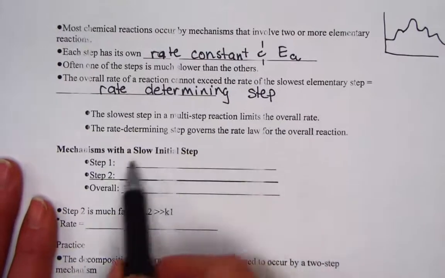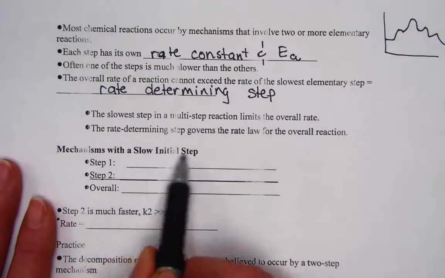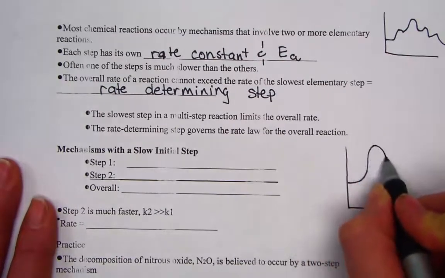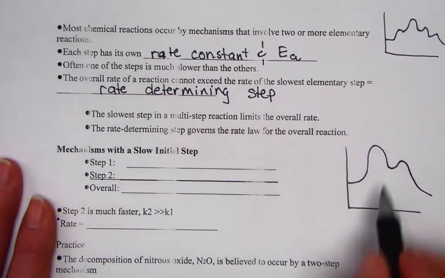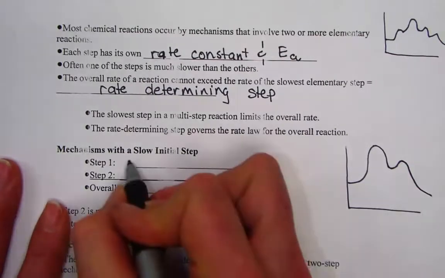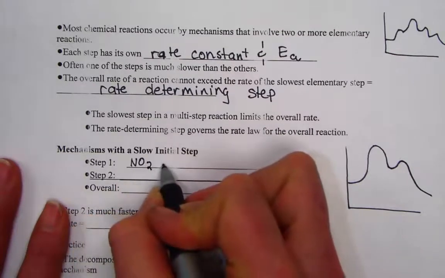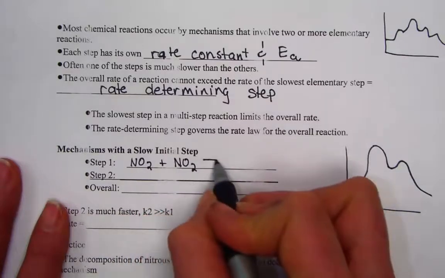Let's take a look at a first example in which we'll write an equation with the slowest first step. In other words, the diagram would show the activation energy for the first step to be larger than the second step. The rate determining step gives us the overall rate law. Let's suppose we have a first collision between a molecule of nitrogen dioxide with a second molecule of nitrogen dioxide.